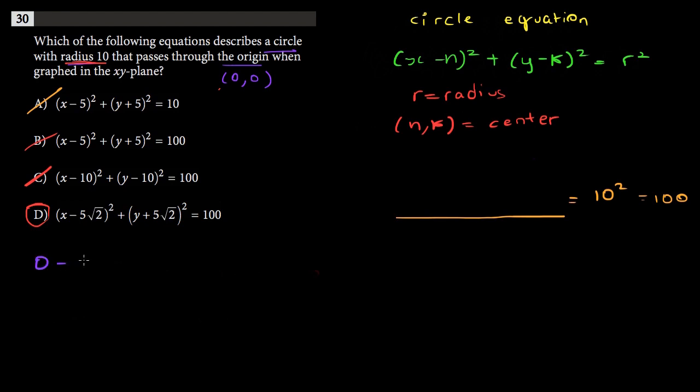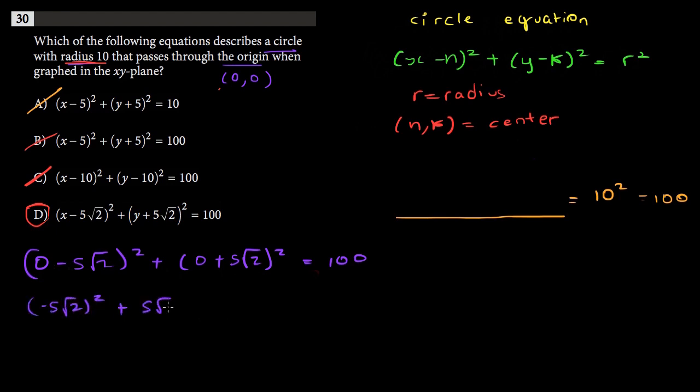So 0 minus 5 root 2 squared plus 0 plus 5 root 2 squared equals 100. That's just minus 5 root 2 squared plus 5 root 2 squared equals 100. When we have the exponent 2, it applies to both terms inside the parentheses.